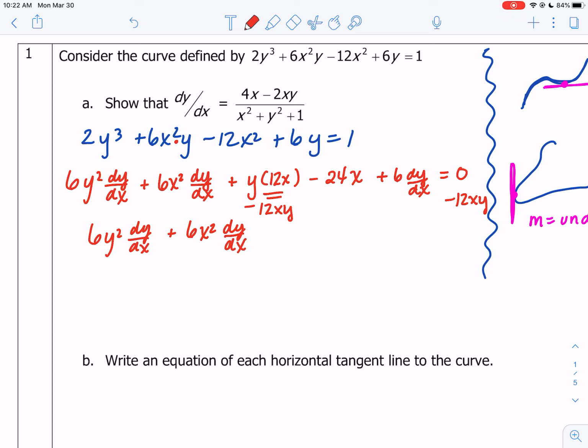So we will have on this side here negative 12xy. In addition to our next term, that minus 24x, we're going to add that to the other side also. So plus 24x and plus 24x. Notice the plus 6 dy/dx is going to stay on that side also.